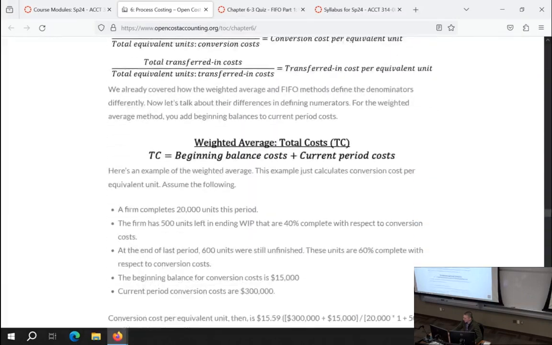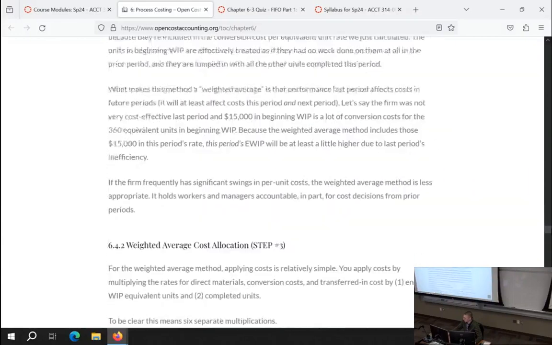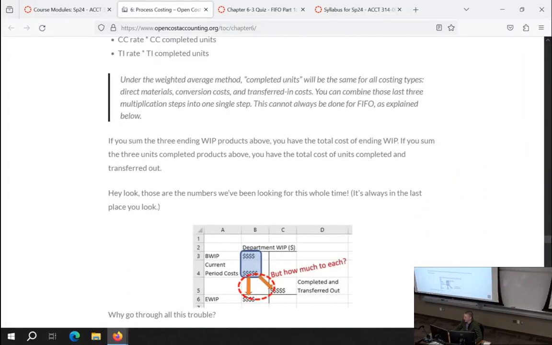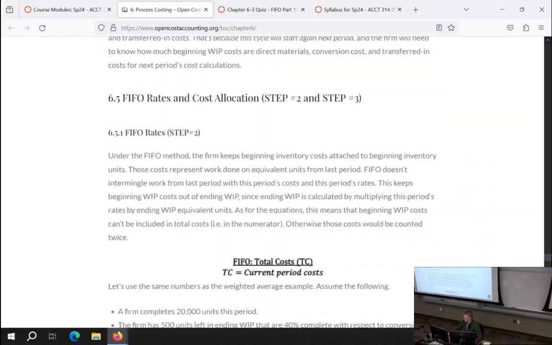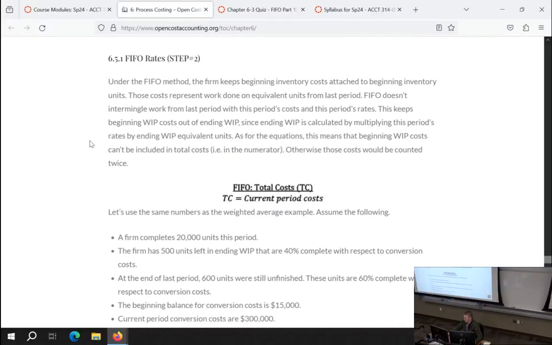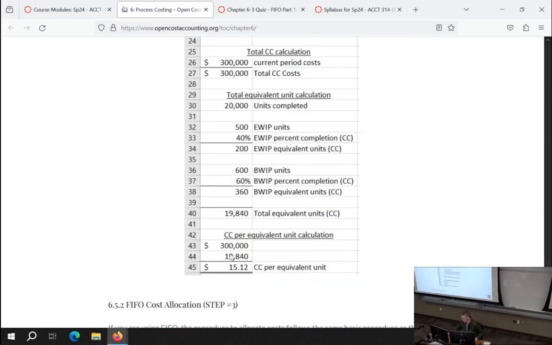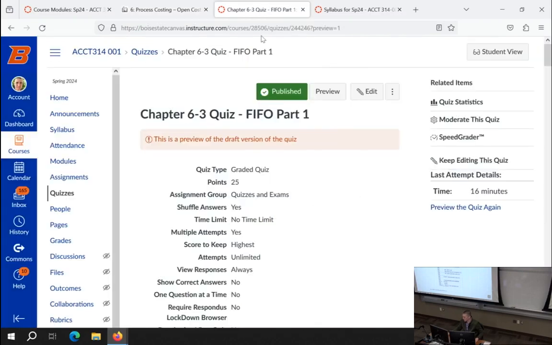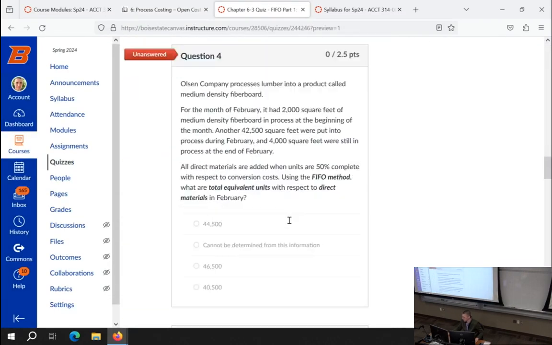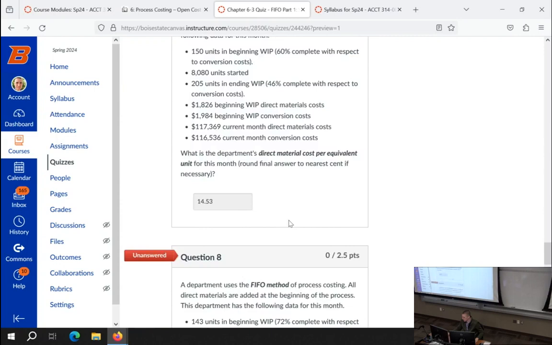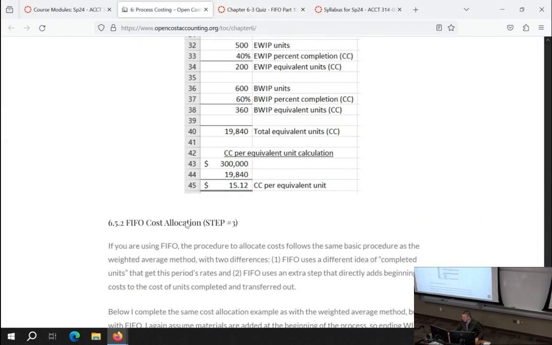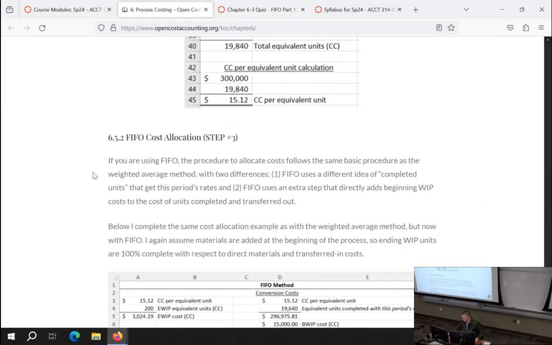So we've got our FIFO rates based on our FIFO TEU, and based on this new definition of the numerator, which is just current period costs. And we get our FIFO rate, like we just calculated a second ago in this problem down here. 14.53, we say. Great. And 15.12 in this example right here.